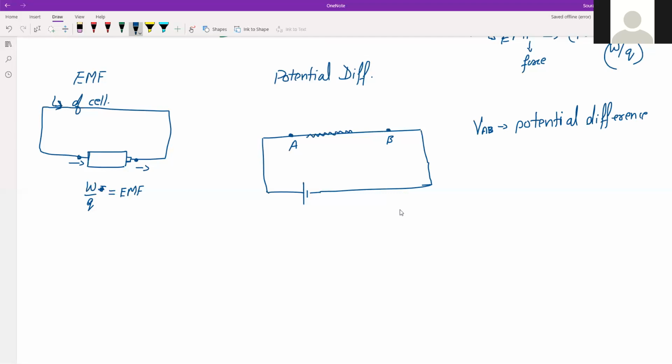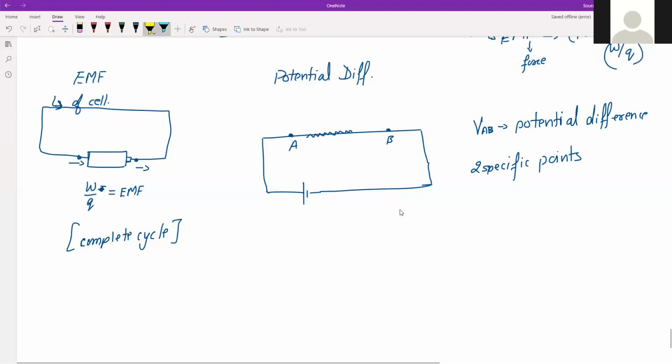So the main thing is this is work done for the complete cycle, and this is related to 2 specific points only. So based on those 2 points, we will find this potential difference.